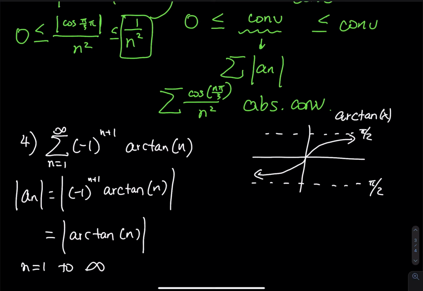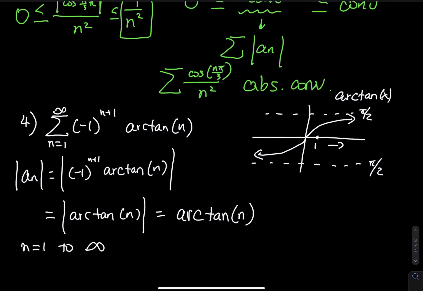When x is 1 or higher, the y value is always positive, so we don't even need to consider the absolute value, because when n is greater than 1, arctangent of 1 or above is always positive. So that is arctangent of n.